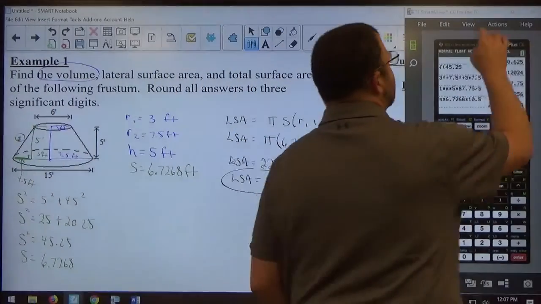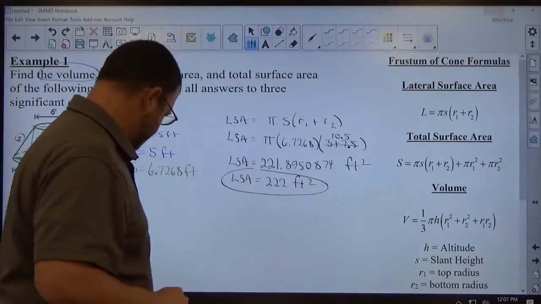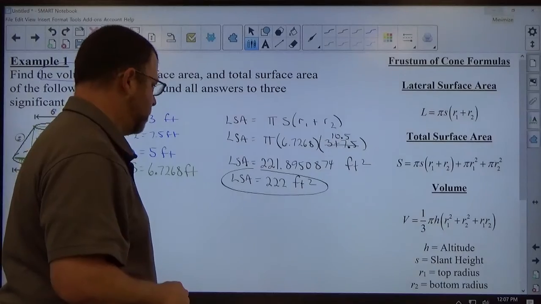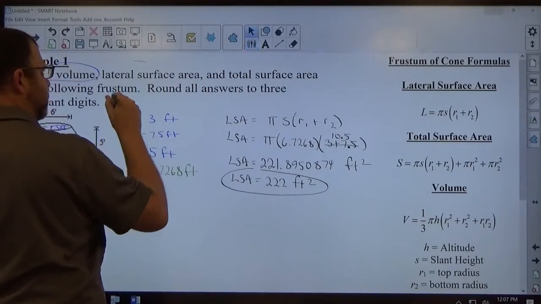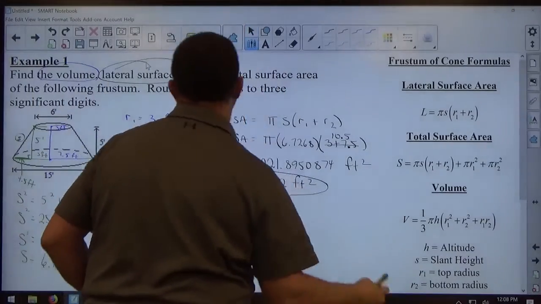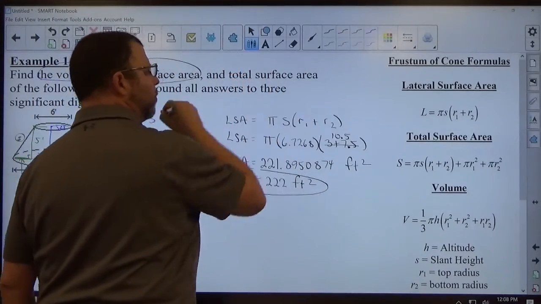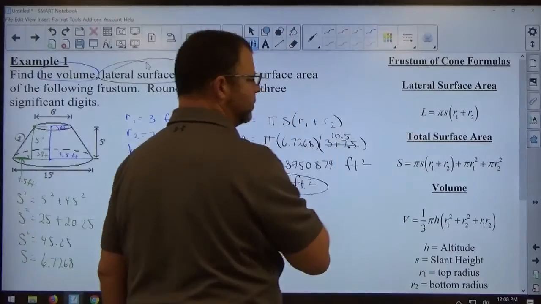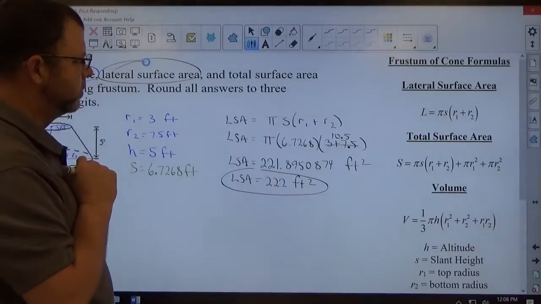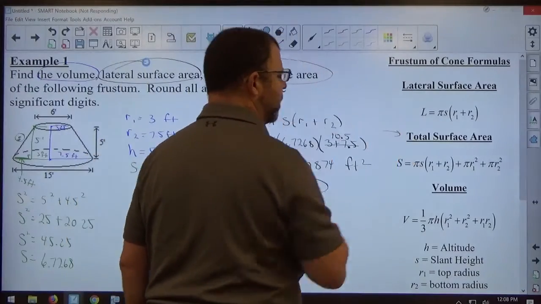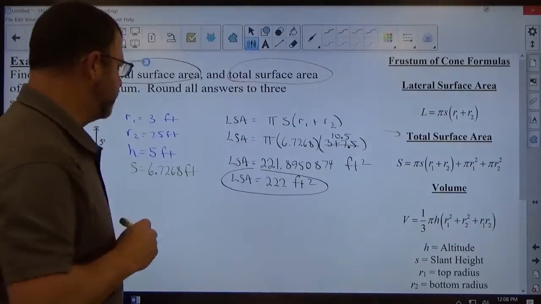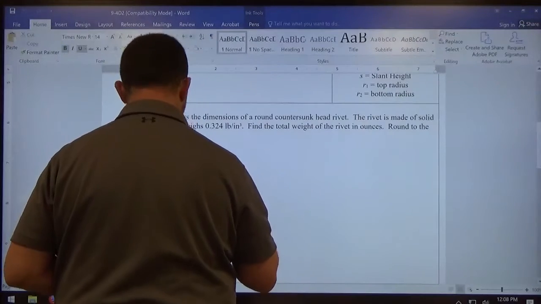Our final task is to find the total surface area. That was lateral surface area. So for total surface area, we're going to be using this formula.